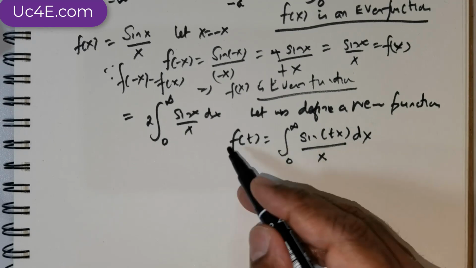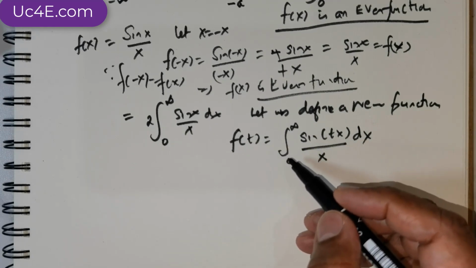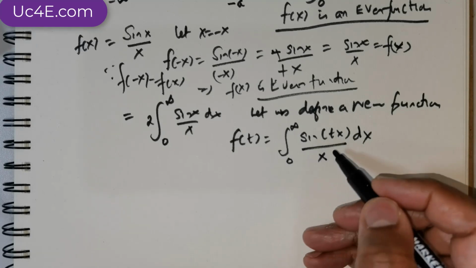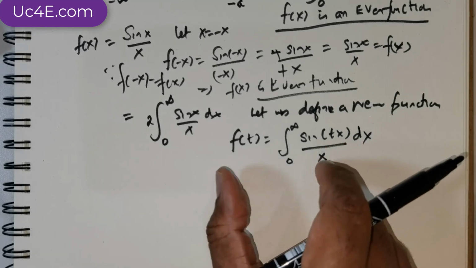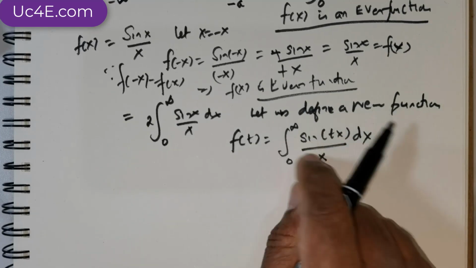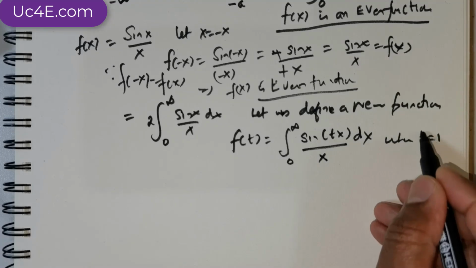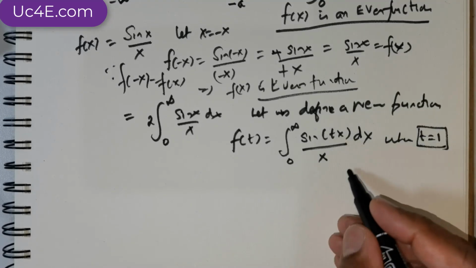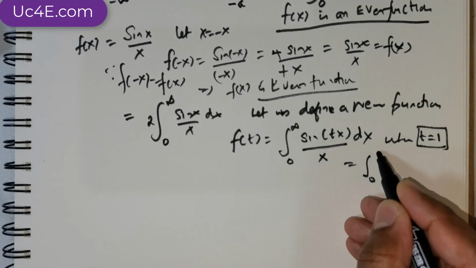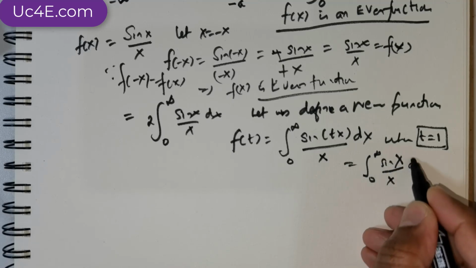Now you will be wondering, why did I define this? If I'm not able to define this, then it is not possible for me to apply the Laplace transform and extract the solution. So I need a function. That's the reason I'm defining a function. Now this function will represent the given original function when t is equal to 1. When t is equal to 1, this is going to be equal to the integral from 0 to infinity of sine of x divided by x times dx.